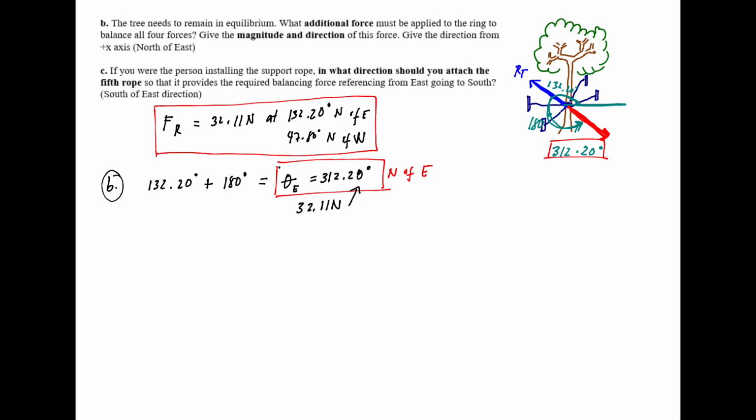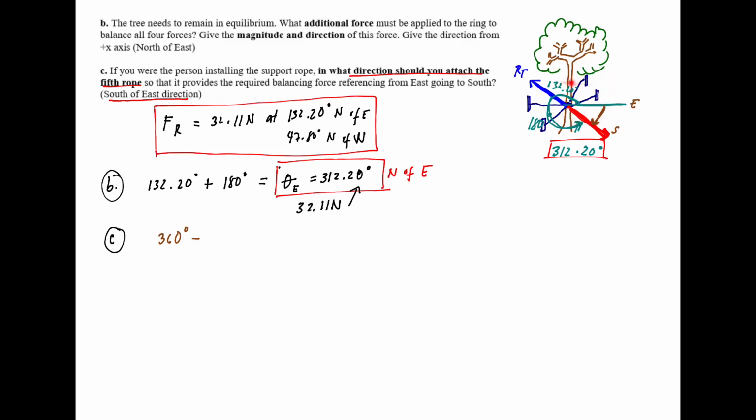Now, how about for letter C? In what direction should you attach the fifth rope for us to have the south of east direction? And notice from the south of east direction, this is the angle. That means from east going to south. That is what we meant by south of east. And notice that is 360 degrees, because this is the one that will circle.